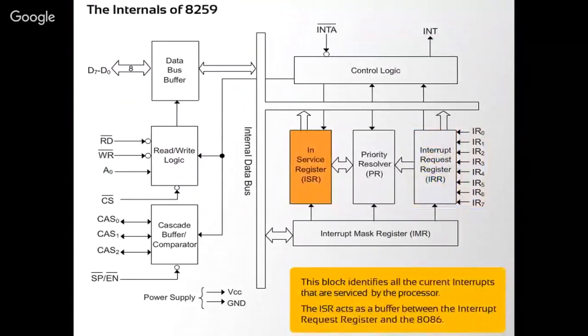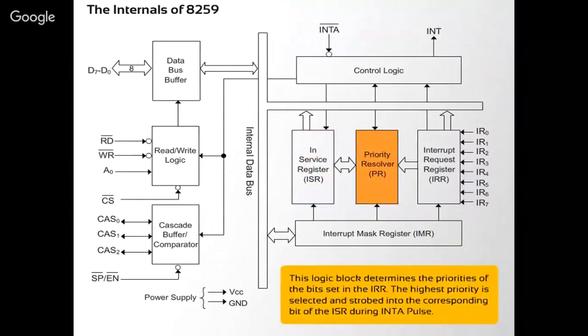Next one is the in-service register. This block identifies all the current interrupts that are being serviced by the microprocessor. The ISR acts as a buffer between the interrupt request register and the 8086. It is also an 8-bit register having 8 flip-flops corresponding to each IR level, and it stores the information regarding the IR levels which the microprocessor is currently servicing.